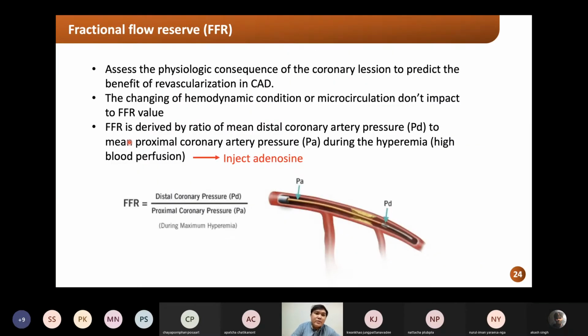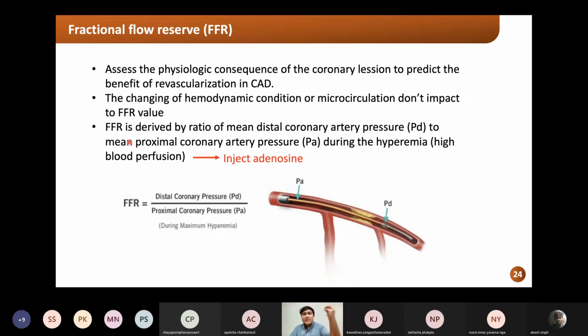Like I told you, the fractional flow reserve is used to assess the physiologic consequence of the coronary lesion to predict the benefit of revascularization in coronary artery disease, especially in PCI, to decide whether it is the best way to treat the lesion in patients where it is not clear.